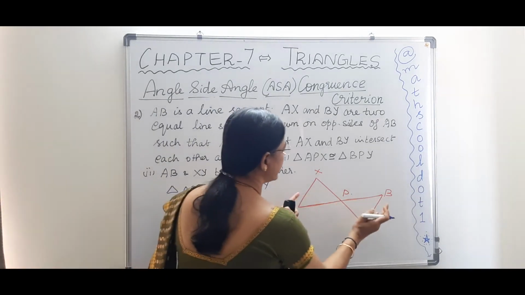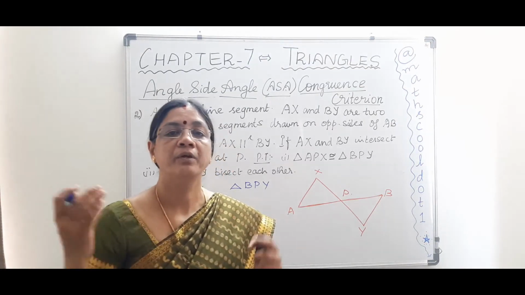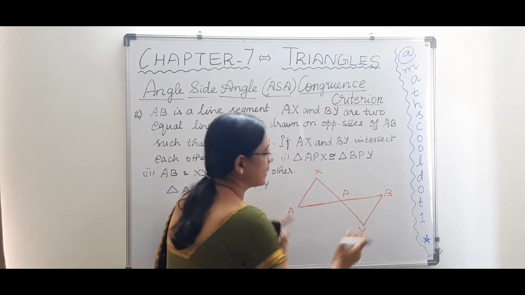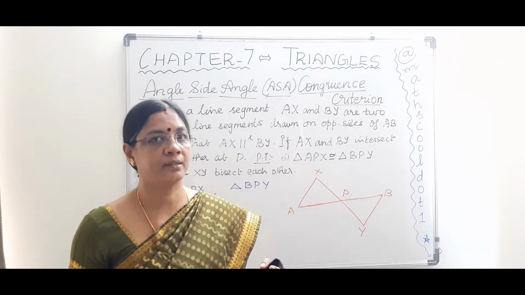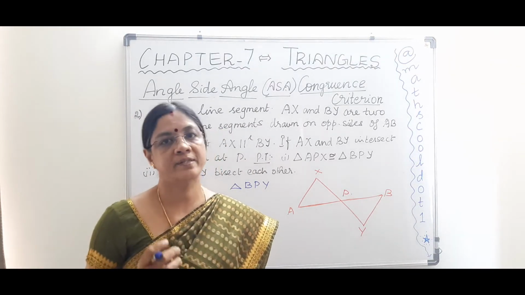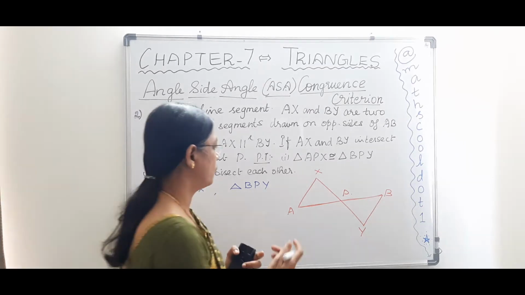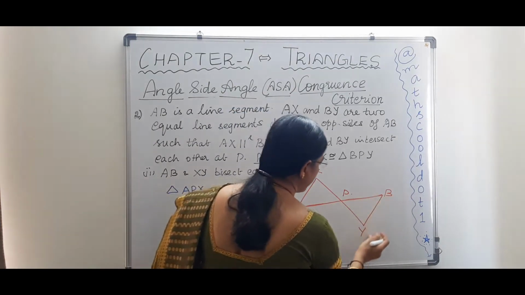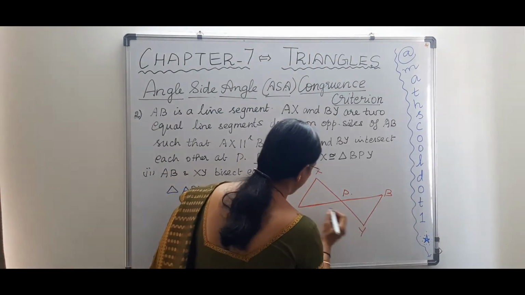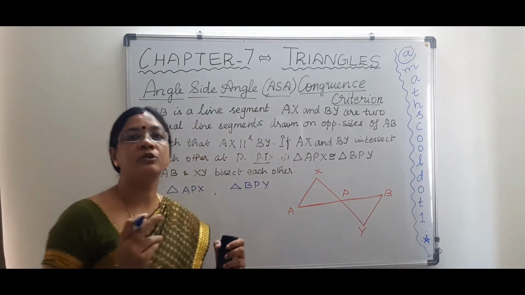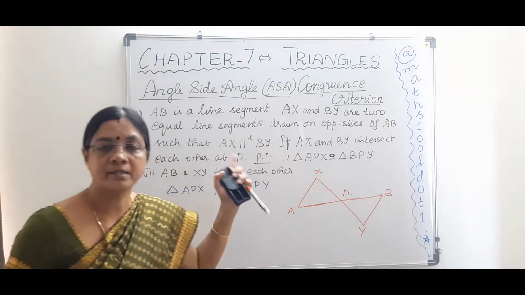Now, when we take two parallel lines, we have already done this in the earlier classes. When given two parallel lines, always look for a transversal which cuts the two parallel lines so that we can have some angles to be equal, or we can have some conditions there. Okay, so AX, BY are two parallel lines, and you can see XY and AB to be two transversals cutting these two parallel lines, AX and BY.